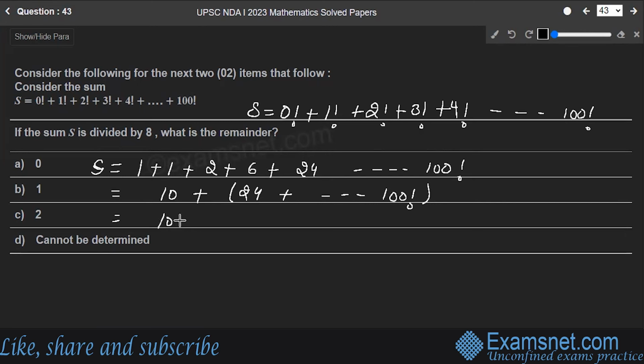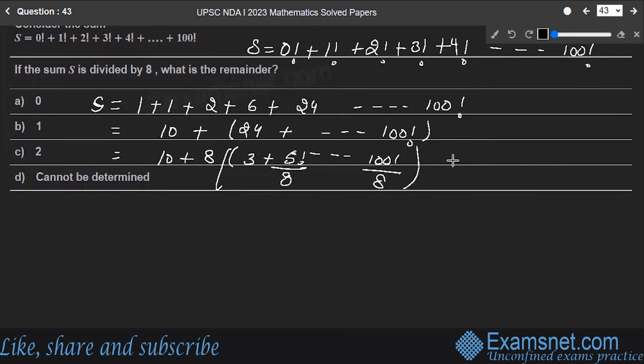Now I can take 8 common from here. This will be 3 plus something like 5 factorial divided by 8 up to 100 factorial divided by 8. Now, each of the terms, that means 24, 5 factorial, 6 factorial and all that, they all are divisible by 8. So this whole bracket was divisible by 8 and I took 8 common from here.